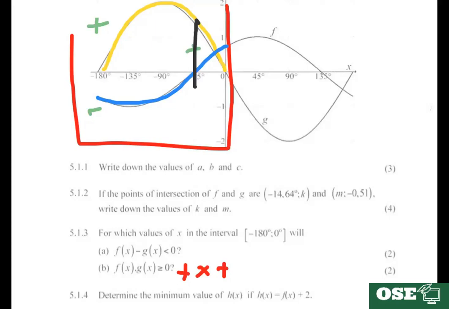Correct. Between these two points, you can see both graphs are above the x-axis here in the small box. Because from -45, f of x goes below, it becomes negative. So that doesn't count, because if you multiply the values of f of x by the values of g of x, they give you a negative answer.